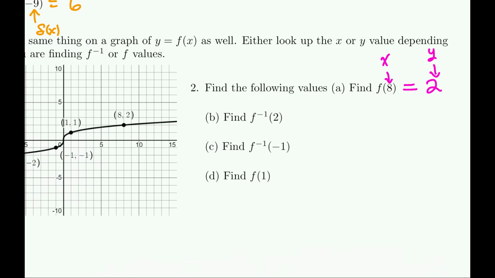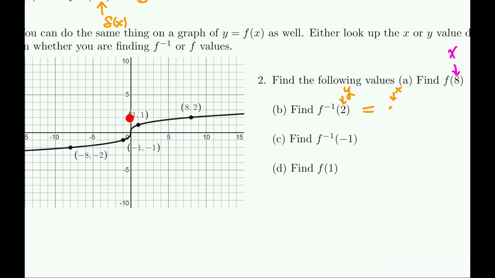Now, if we're doing an inverse, f inverse of 2, you would know that the 2 is a y value, and your answer would be the x value. So you would be looking for y equals 2. So y equals 2 is here. You're looking for where the y value is 2.